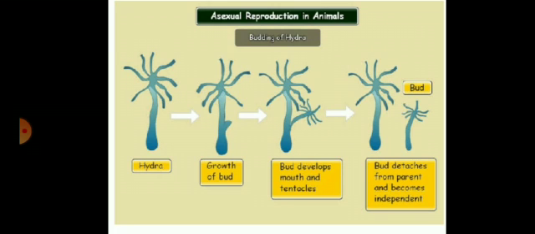Budding occurs commonly in some invertebrate animals such as hydras and corals. See this picture, budding of hydra. First hydra, then growth of bud. Next step, the bud develops mouth and tentacles. And finally, the bud is separated from the original organism.